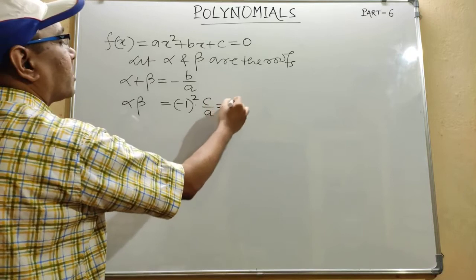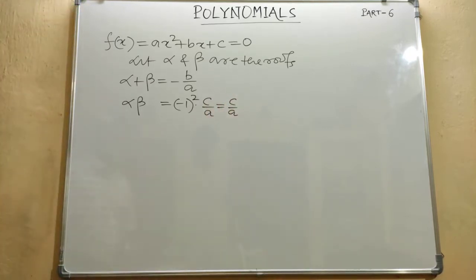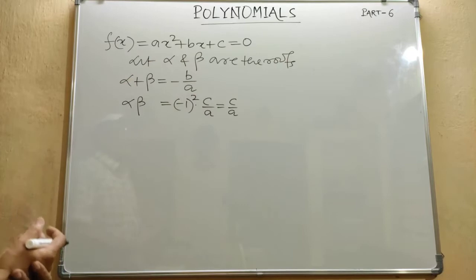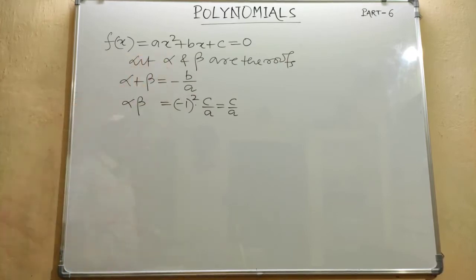Minus 1 squared is plus, so it will simply be c by a. So if ax² + bx + c = 0 is a quadratic equation and alpha, beta are its roots, then the sum of roots is -b/a and the product of roots is c/a.